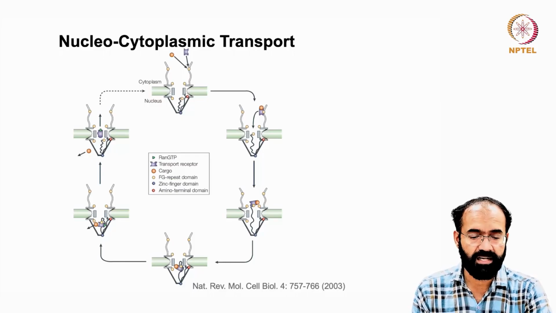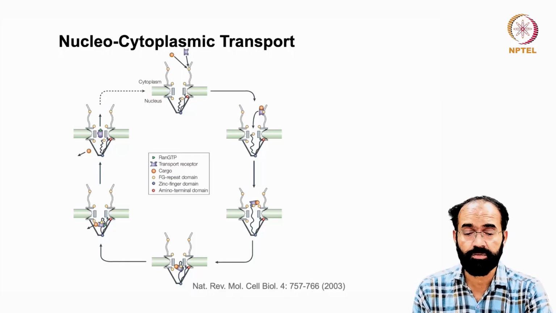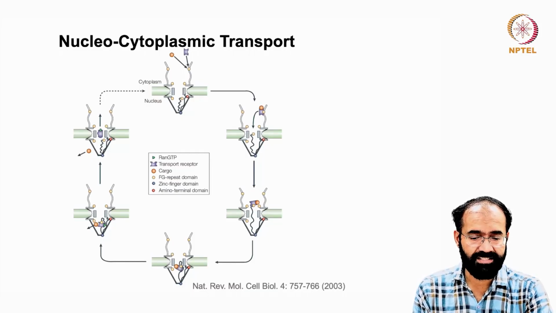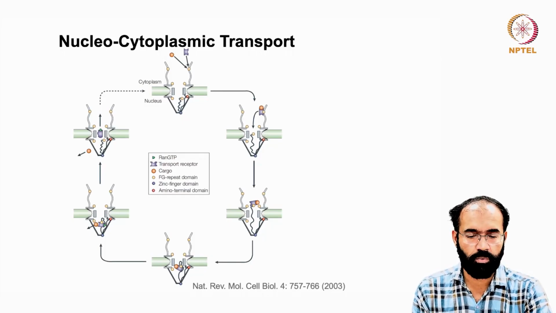For convenience, you can start from any particular location, and you need to understand this key here. This particular blue shape is RAN GTP, the big purple one is the transport receptor, the orange one is the cargo, and the small yellow circle is the FG repeat protein.